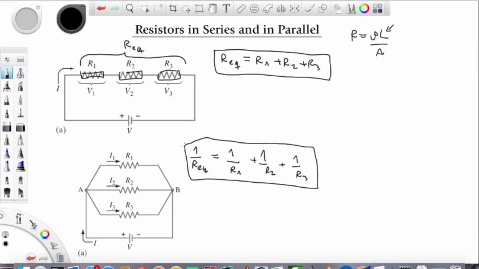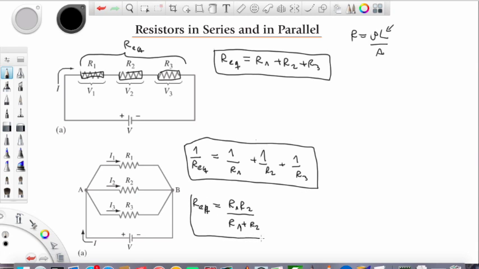We saw the same kind of formula when we had capacitors. And in that case, the trick was if we have only two of them in parallel, which is quite a common occurrence, then the R equivalent was simply the product of the two divided by the sum of the two.